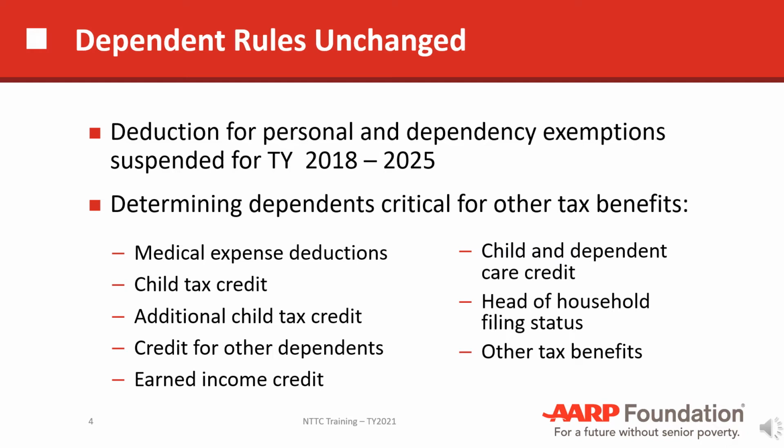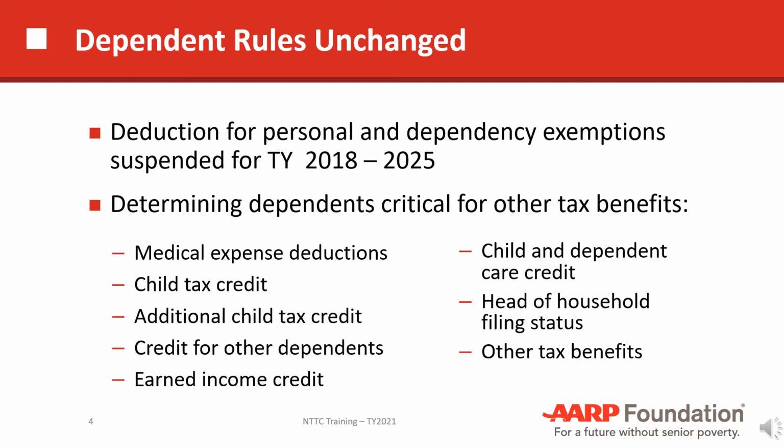Well, the reason is that there are many other implications of dependency within the tax code, such as determining critical benefits such as medical expense deductions, child tax credit, additional child tax credit, credit for other dependents, earned income credit, child and dependent care credit, head of household filing status, and other benefits.